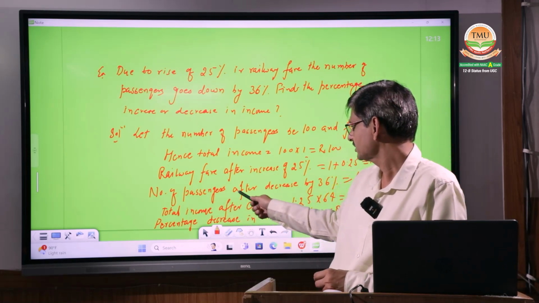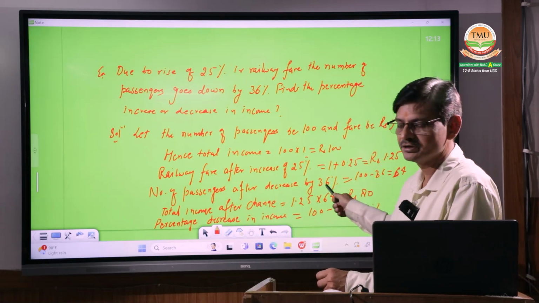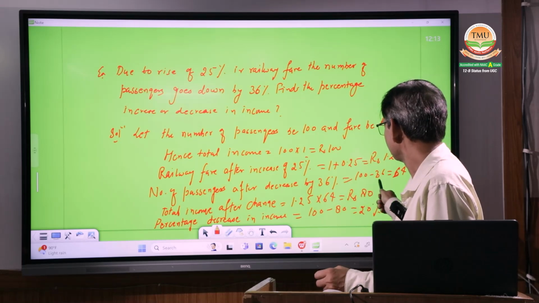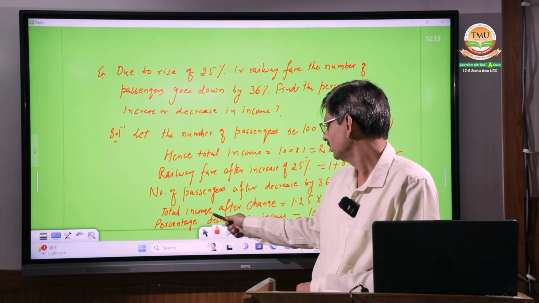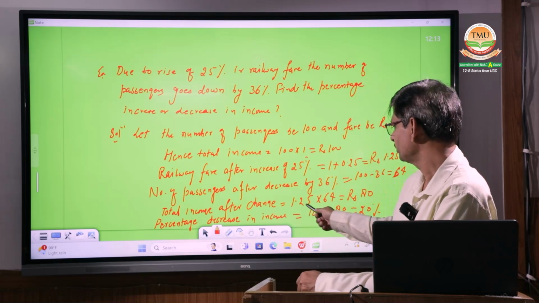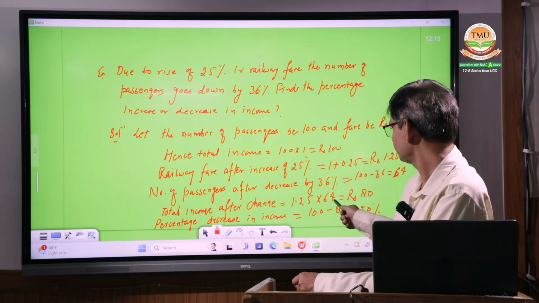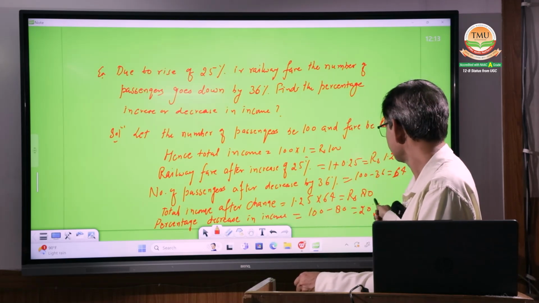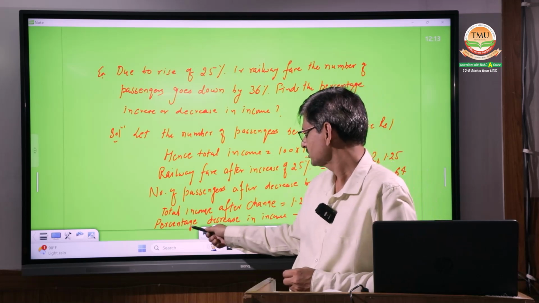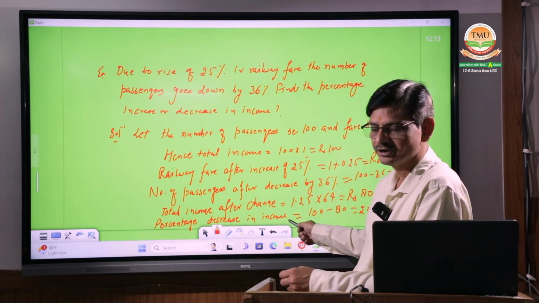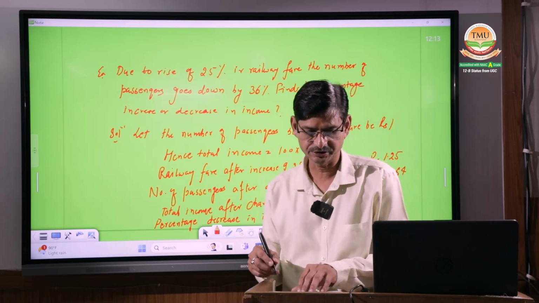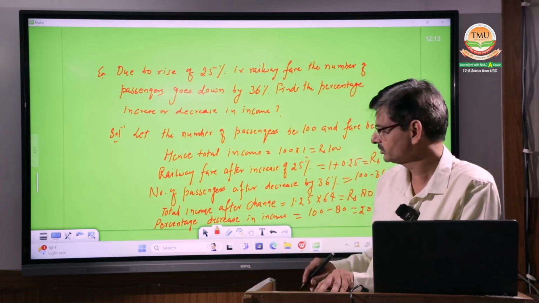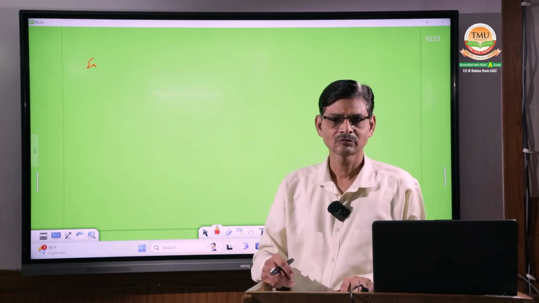The number of passengers after decrease by 36% is 100 minus 36, that is 64, and total income after change will be 1.25 into 64, that is rupees 80. And the percentage decrease in income is 100 minus 80, that is 20%. This is the solution of this type of question.